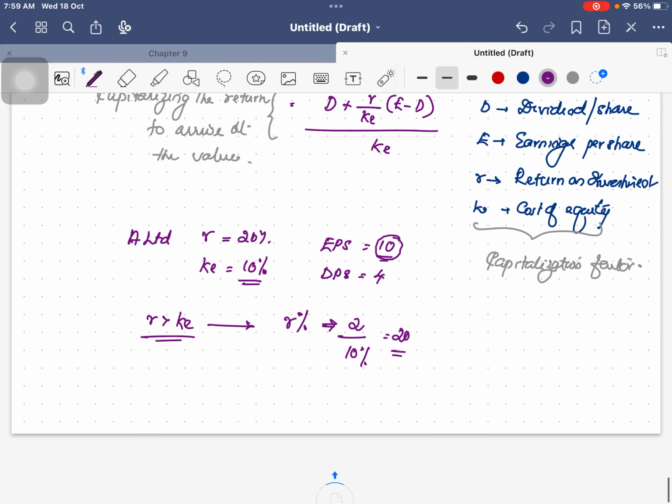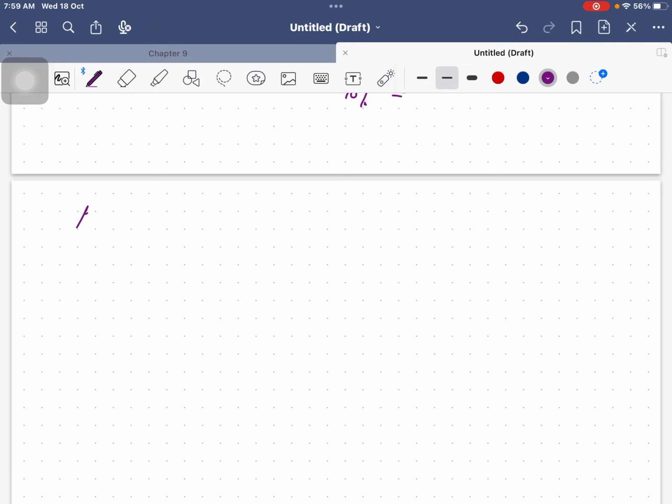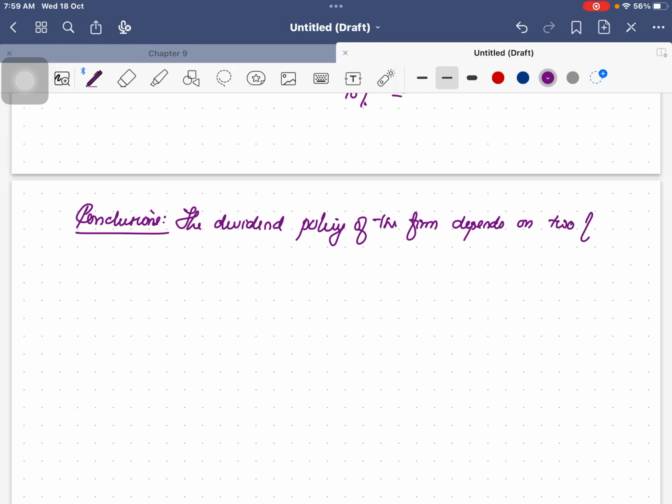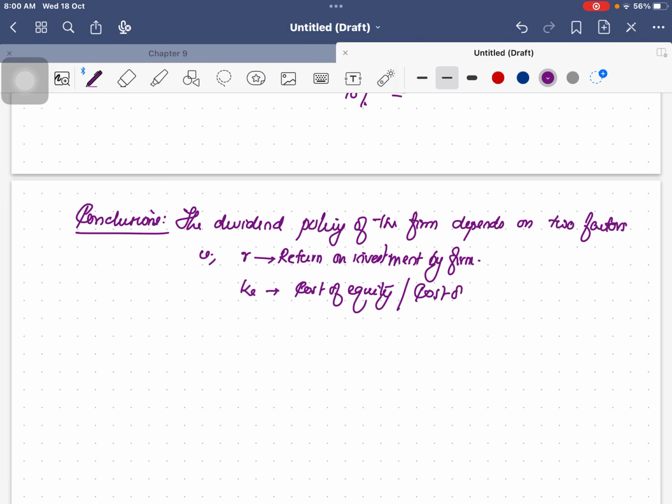Now if you see the conclusions, you can write: the dividend policy of the firm depends on two factors, that is R, return on investment by the firm, and KE, that is cost of equity, or it is the same as cost of retained earnings.